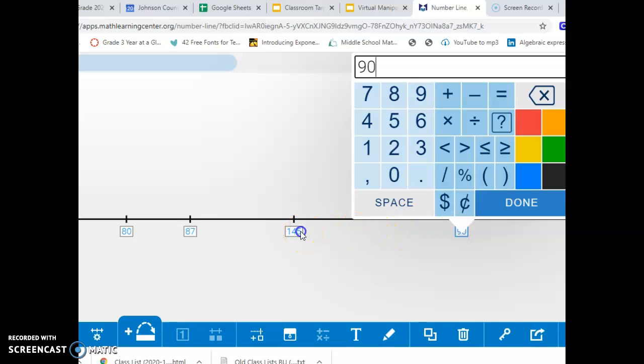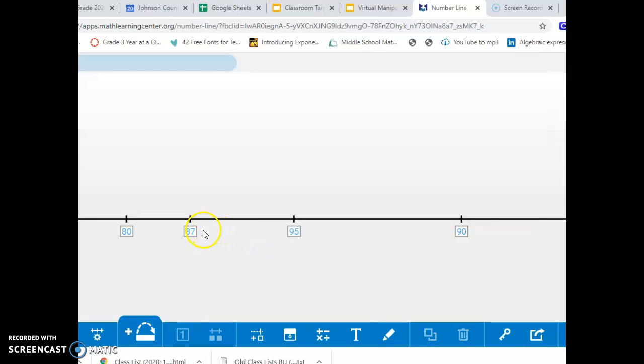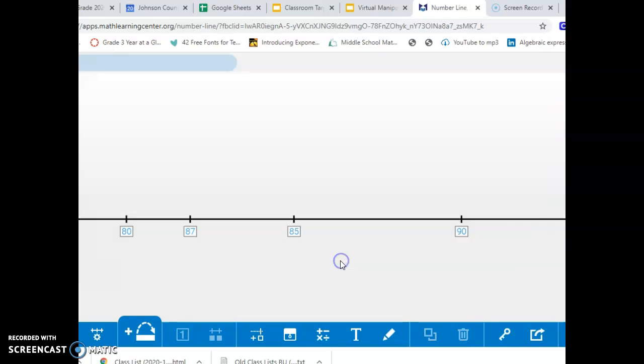Okay, I know right between 80 and 90 is 85, my benchmark number. I'm sorry, not sure why I said 95, but 85 is my benchmark number. I've got to determine where 87 would fall on this number line. I know it's after 85 because when I count, it comes after 85.